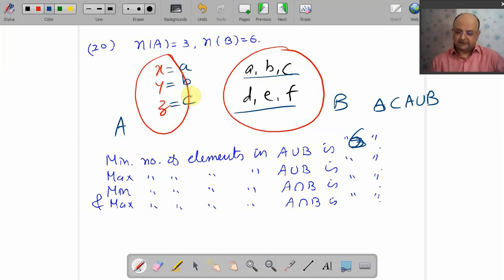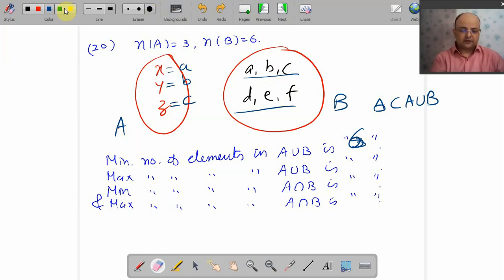How many elements at minimum? There will be 6 for sure. I give you 1 minute. Come on. These elements are all distinct. These all 6 elements are distinct. If this x, y, z, they are same as this, because I want the minimum number, then also at least 6 elements are there in your what?